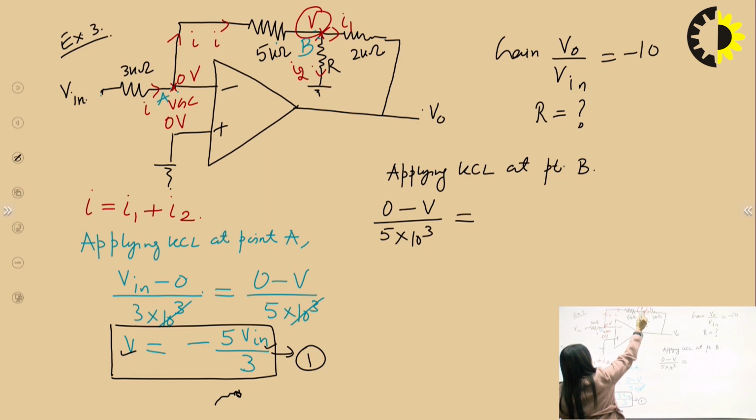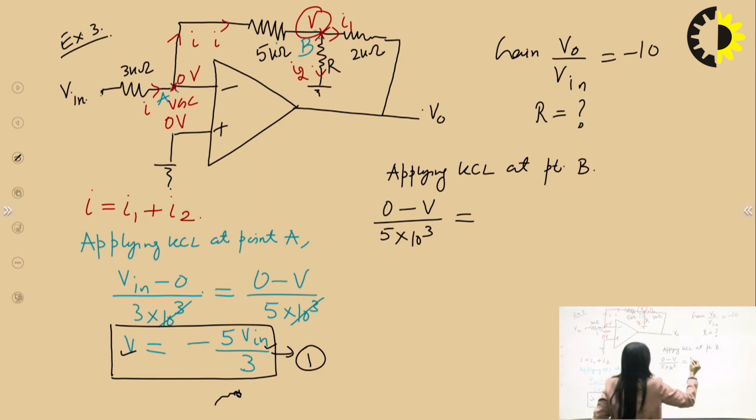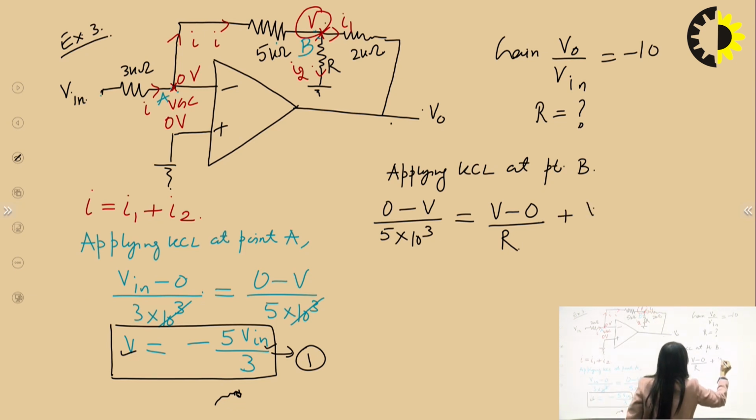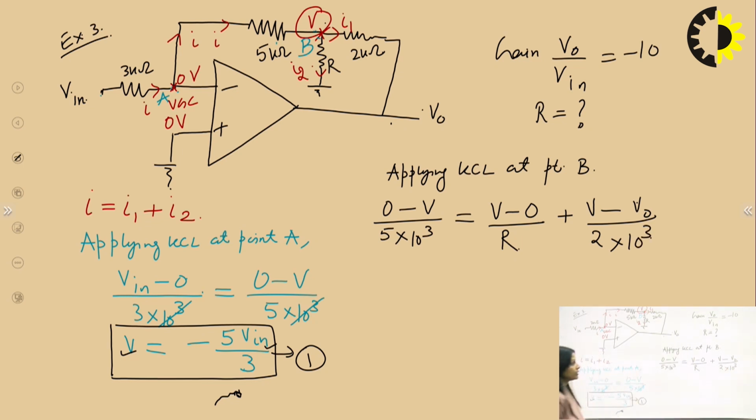So I2 will be V minus 0 upon R, and I1 will be V minus VO upon 10 raised to the power 3. Now I have V in terms of Vin, so I will put the value.